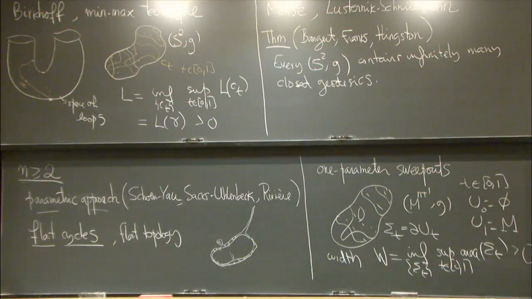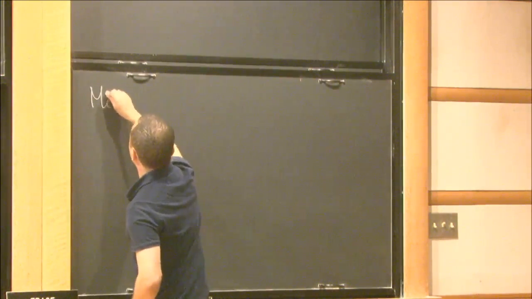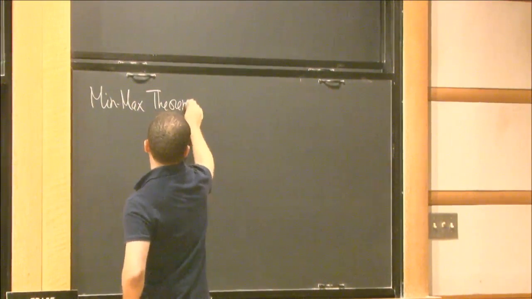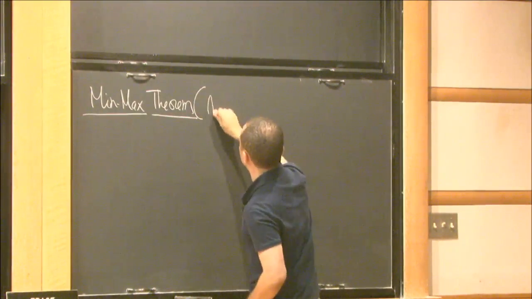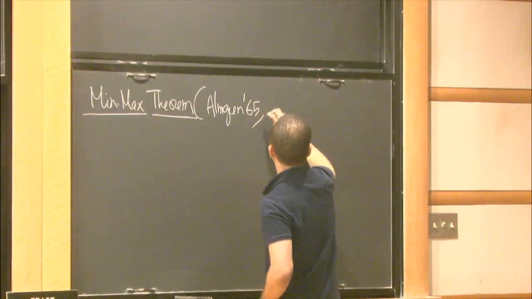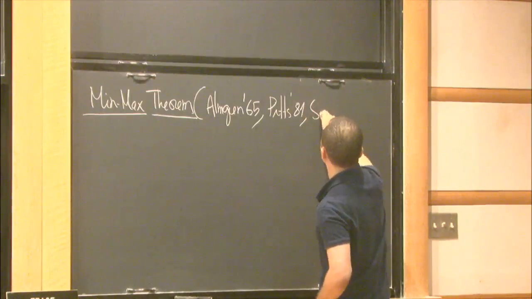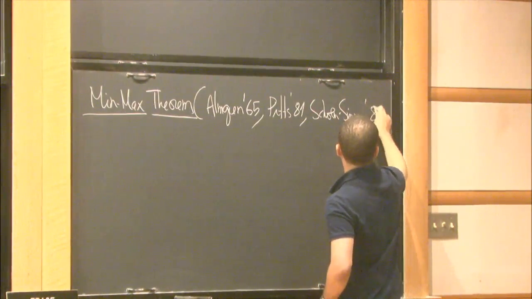And there's a theorem, the Minimax theorem, this was proven by, well, again, combined works, but Almgren, 65, Pitts, 81, and Schoen Simon, also around 81.